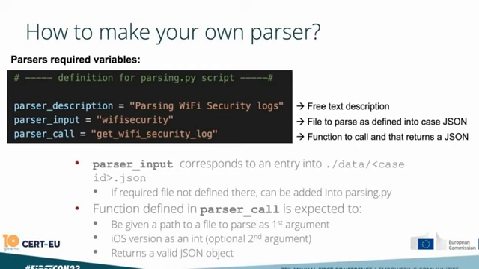Okay, thank you. So if you want to make your own parser, we have tried to keep things as simple as possible. Every parser has a minimum, and we provide the skeleton for one: a description that is just shown in the help. Then we have an input, which is actually a key to a file that is generated at the initialize step.